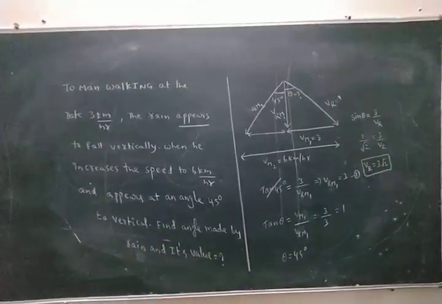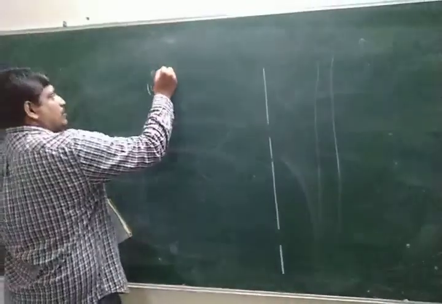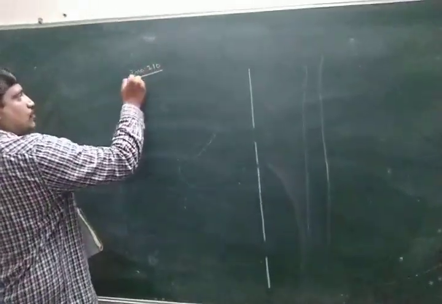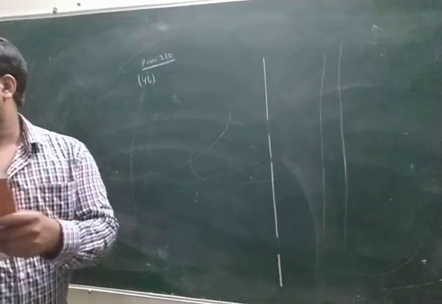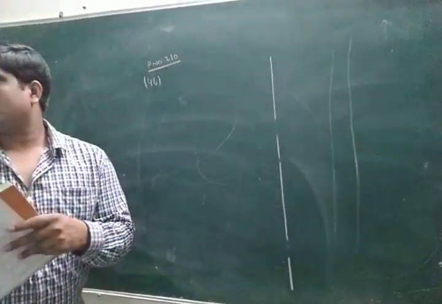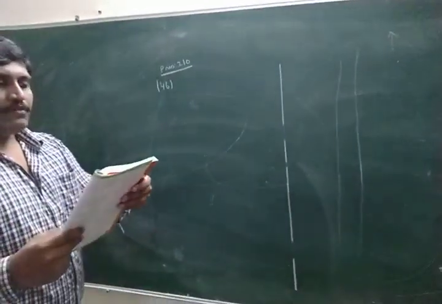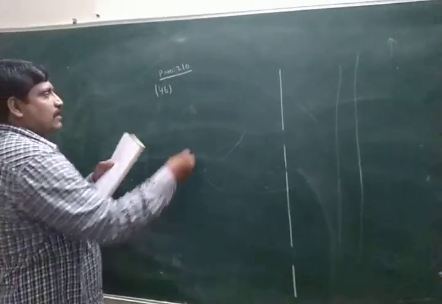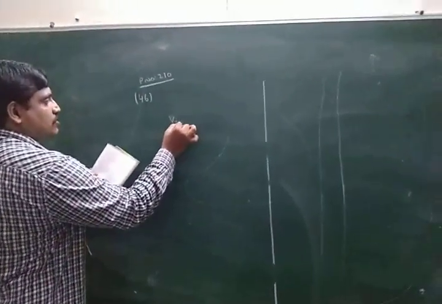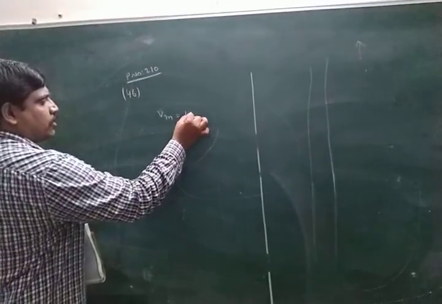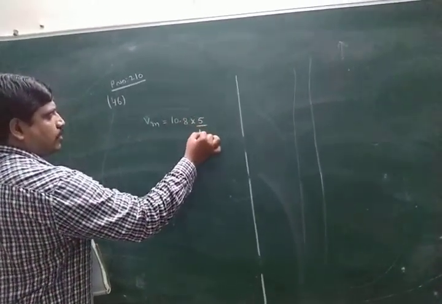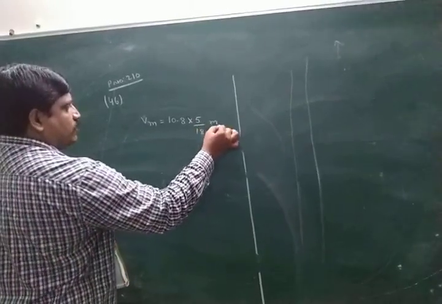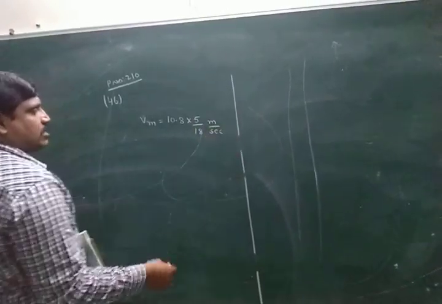First read the question on page number 210, problem number 46. A man is traveling. The velocity of the man is given as 10.8 kilometer per hour. Kilometer per hour is written as 5 by 18 meter per second.